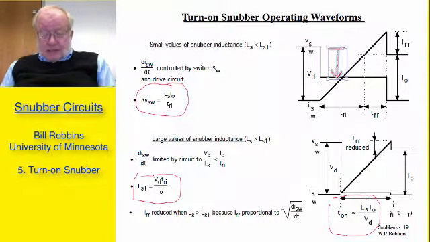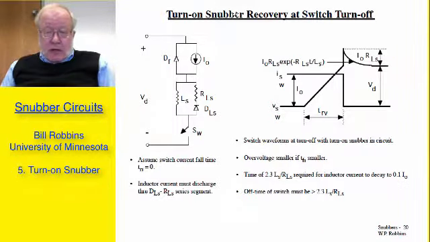The turn-on snubber has a recovery interval at switch turn-off, and that's what the waveform here is showing. Here we have the switch turning off. The voltage across the switch is now rising.